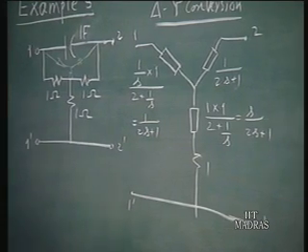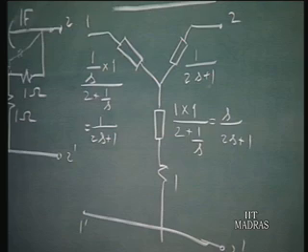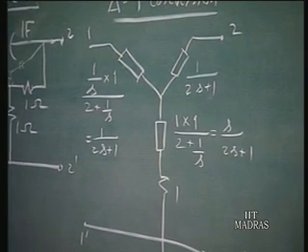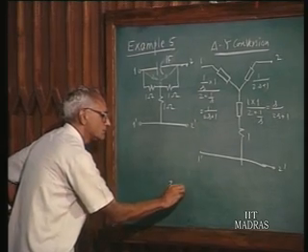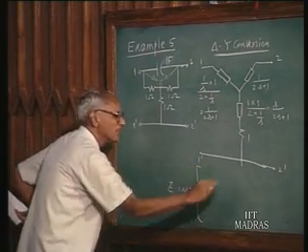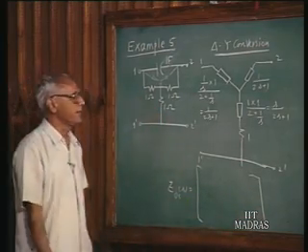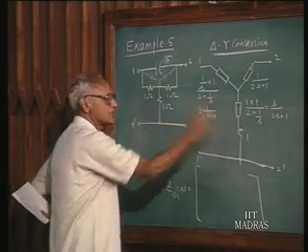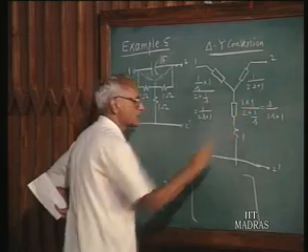So now the entire network is in the form of a T network, and we can find the open circuit impedance matrix of this forthwith without further ado. So ZOC of S of this would be: the driving point impedance at port 1 is the sum of this impedance plus this impedance plus this impedance. This is 1 over 2S plus 1, this is S over 2S plus 1.